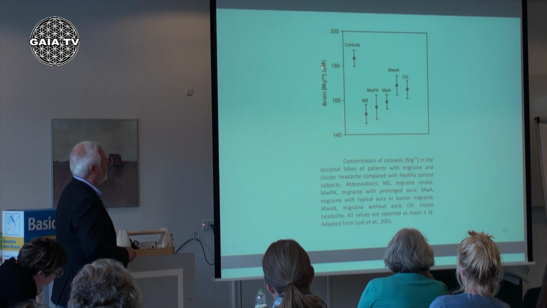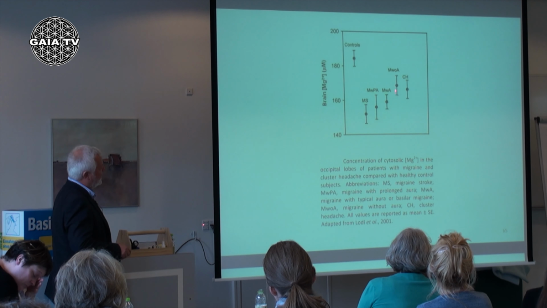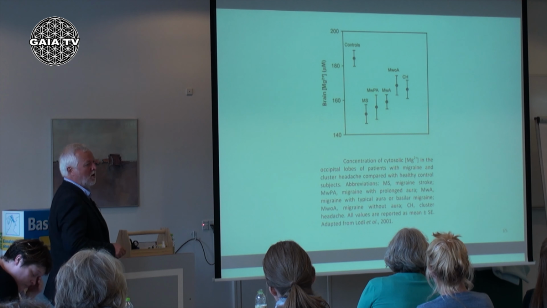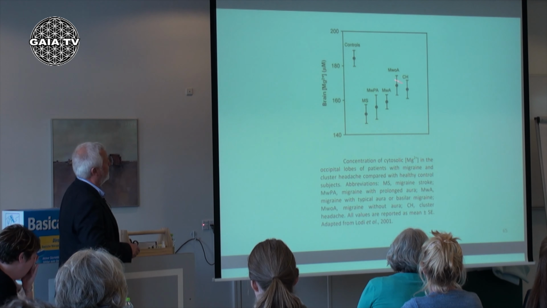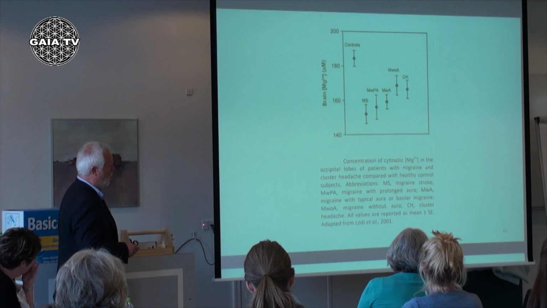This is the brain magnesium concentration in controls, and these are the concentrations in patients with migraine without aura, with aura, with prolonged aura and migraine stroke. You see, the more severe, the lower the ionized magnesium concentration in the brain. Also in patients with cluster headaches, the magnesium concentration is significantly lower.